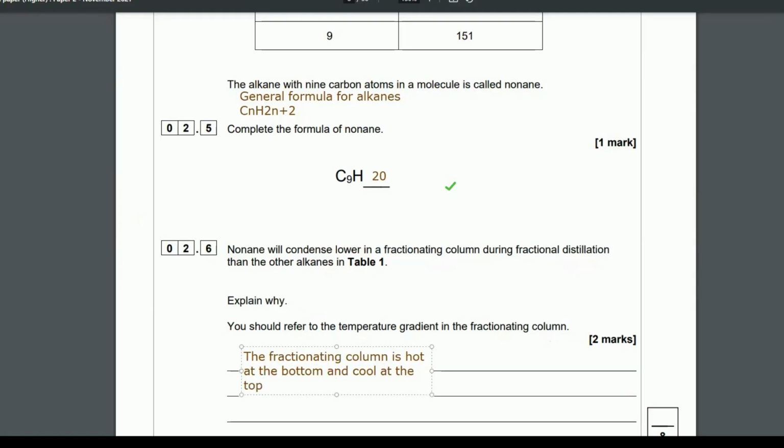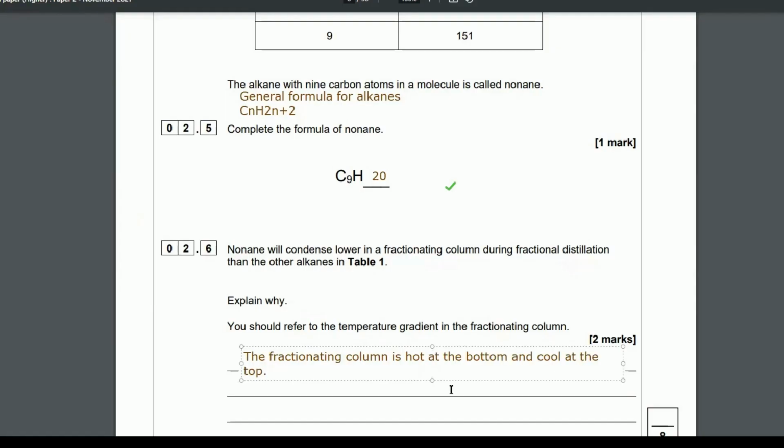So I hope you remember with fractional distillation, it's about 350 to 500 degrees at the bottom. We vaporize the crude oil as it enters the tower. Bing, bing, 1 mark. And then they're all vaporized and they start rising up the tower. But as it cools, there is a temperature gradient, hot at the bottom, cold at the top. As it cools, the different fractions or hydrocarbon mixtures condense depending on their boiling points.